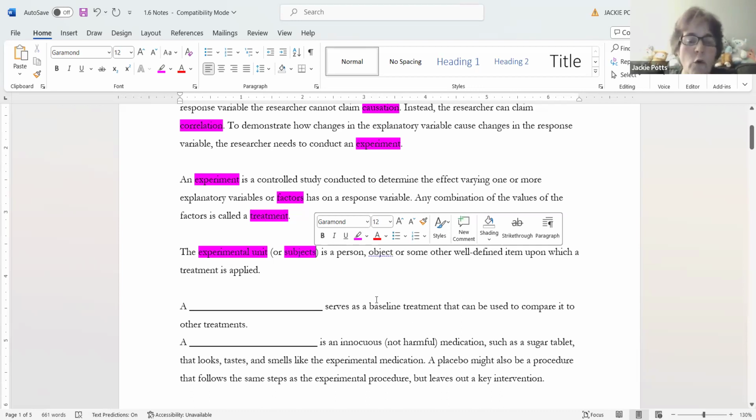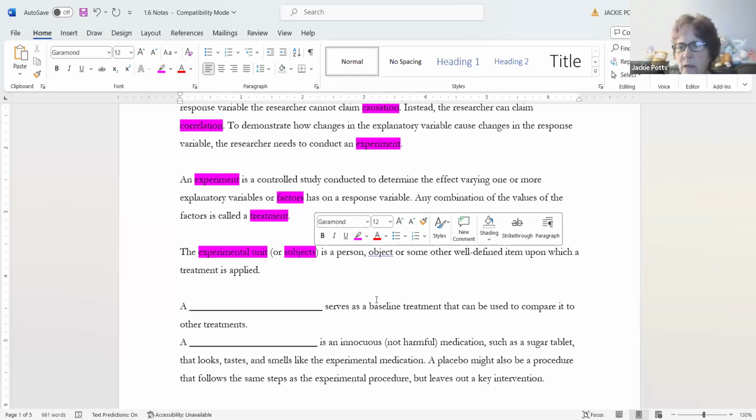An experimental unit or subject is a person, object, or some well-defined item. In other words, I say persons, places, or things. It's a person, an object, an animal, where we can have a treatment applied.